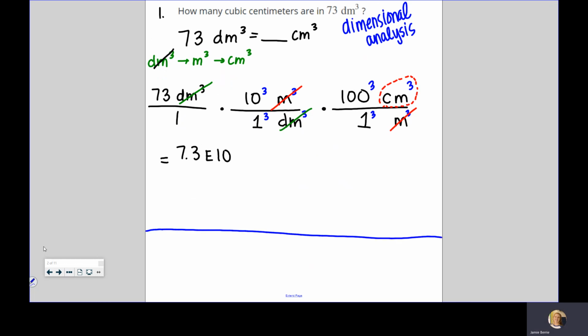Let me show you how to interpret that. If you have something like 7.3 E10, that means move your decimal 10 places to the right.